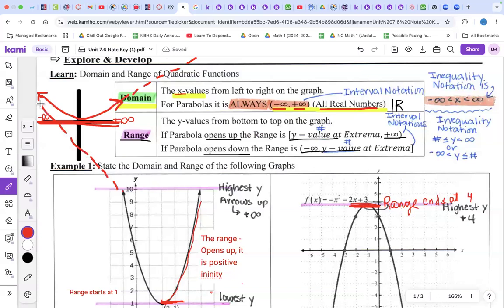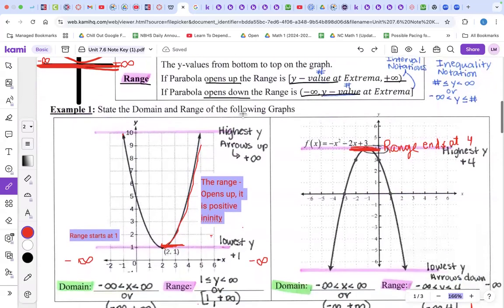And this way, it's going to go that way, over and over. So it's not going to curve, but it's just going to open up like that, which means it's going from positive infinity to negative infinity. That's what that means. All right? And that's why we say the domain is always negative infinity, positive infinity.